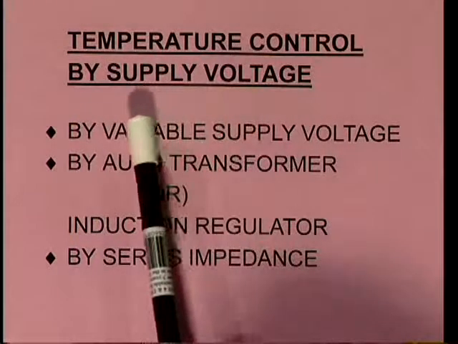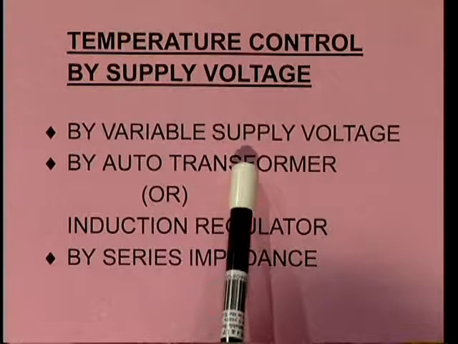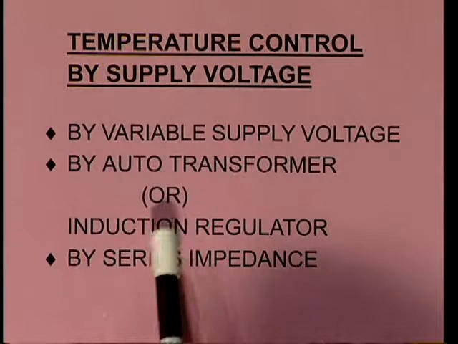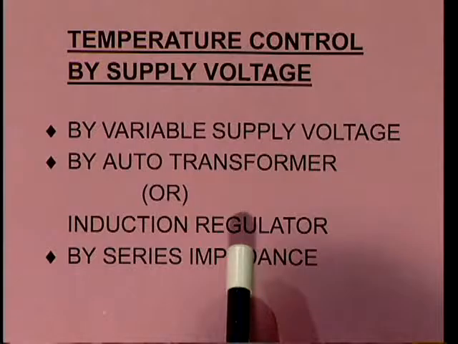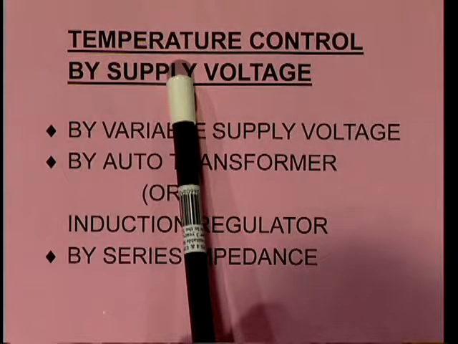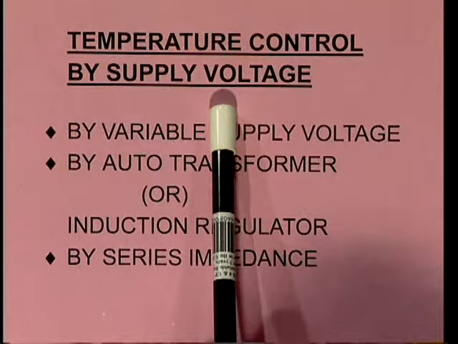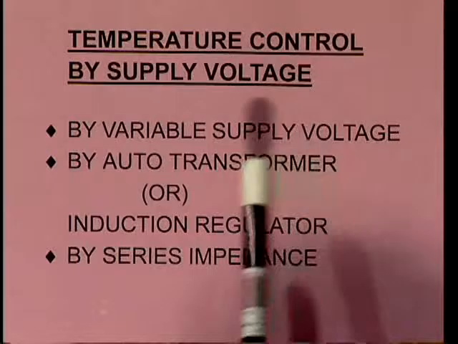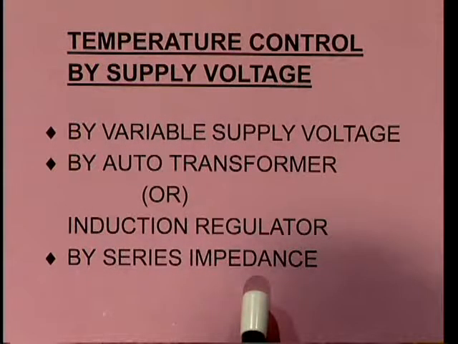Temperature control by supply voltage. We can control the furnace temperature by supply voltage in three ways: by variable supply voltage, by auto transformer or induction regulator, and by series impedance.